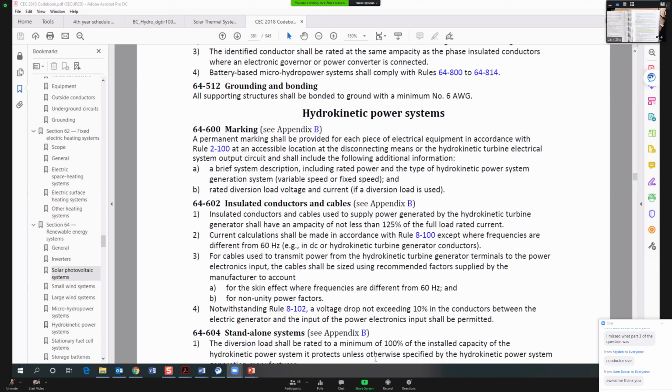So they allow you a larger voltage drop allowance, because usually you just get 3% or 5%, and here 3% for the feeder. Here, as long as you're not over 10%, you should be fine.